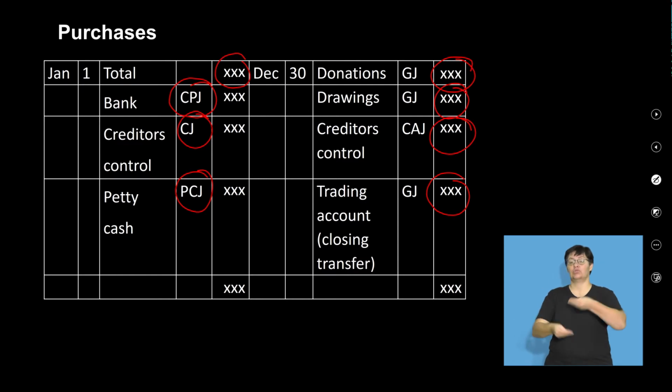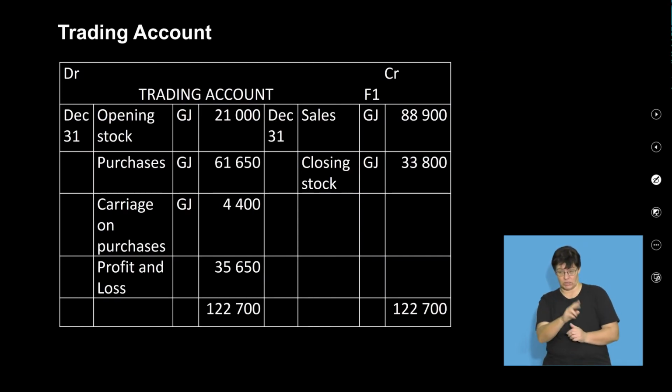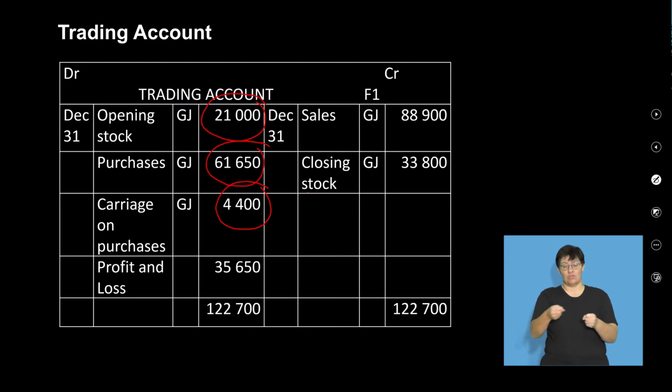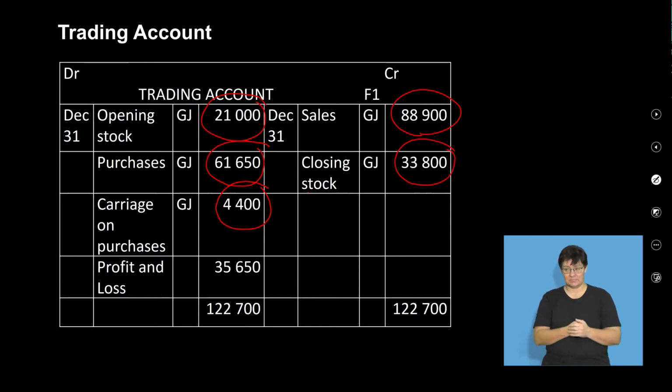Now watch this here. This is my trading account, where I'm calculating my cost of sales. Watch, opening stock, plus purchases, plus carriage on purchases, right? Then I bring in my sales component, I bring in my closing stock component, and there's my profit and loss.